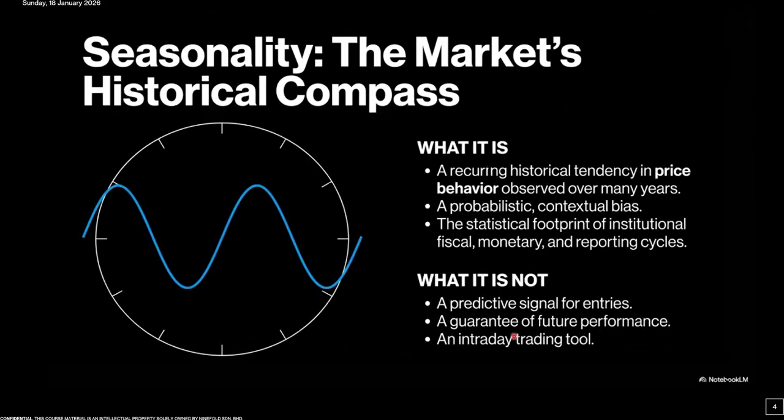Okay, let's very quickly establish what seasonal tendencies or seasonality is. Seasonality, as a metaphor, is what we call the market's historical compass. And this is where it slightly deviates from that concept of a market wizard's map.